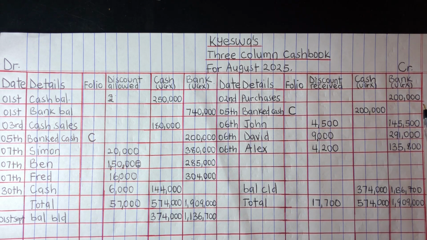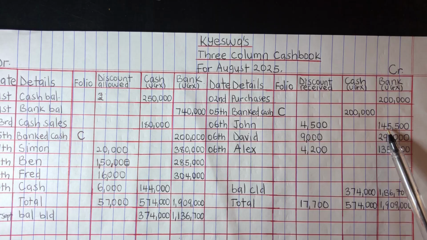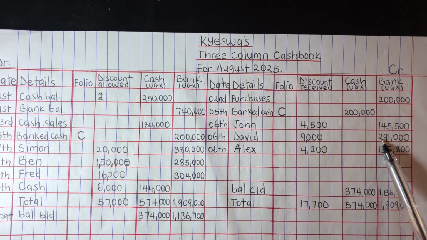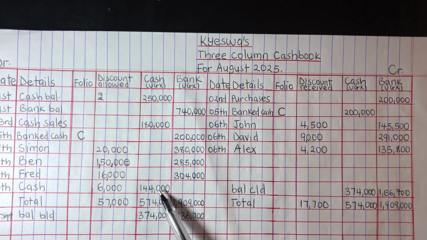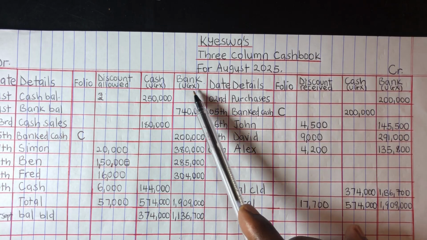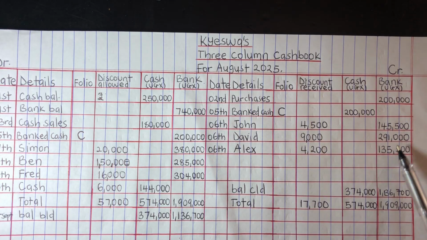Then we come and also add the credit side: 200,000 plus 144,500 plus 291,000 plus 135,800. If you add this total and this total, you find out that the bank column on the debit side has a bigger total than the bank column on the credit side.